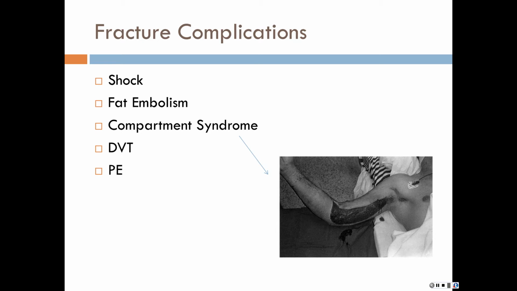Next is fat embolism. Fat embolisms happen frequently with those who have fractures of their long bones or their pelvic bones or crush injuries. So you think about people who are in car wrecks. These happen more frequently in people, men specifically, sorry guys, younger than 40.